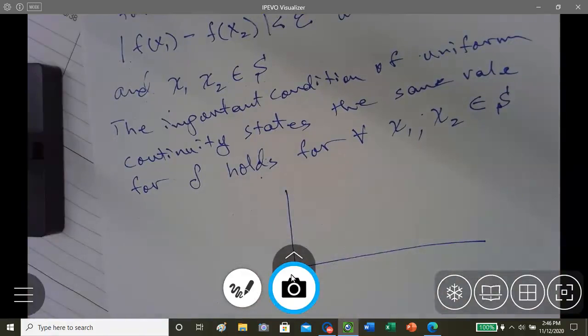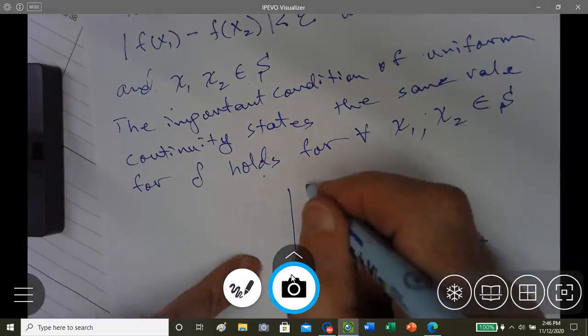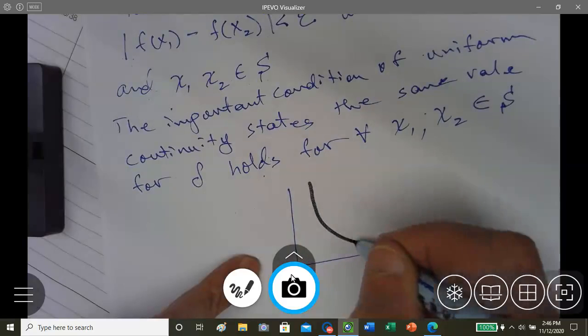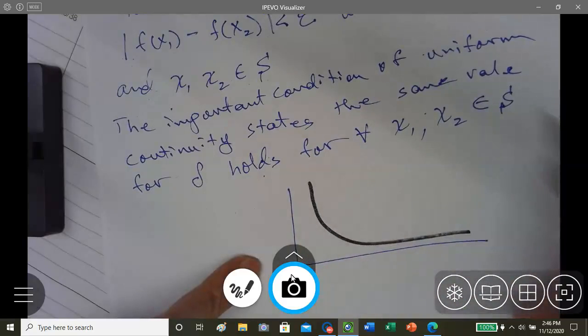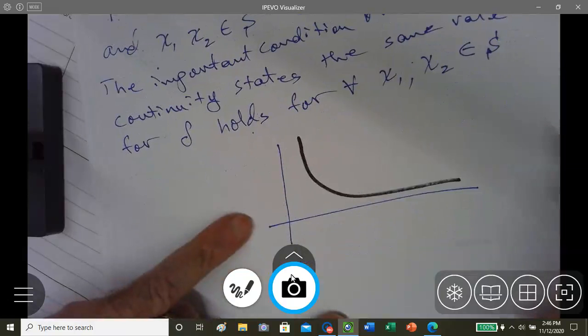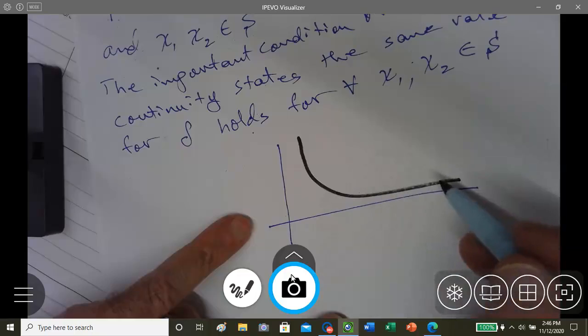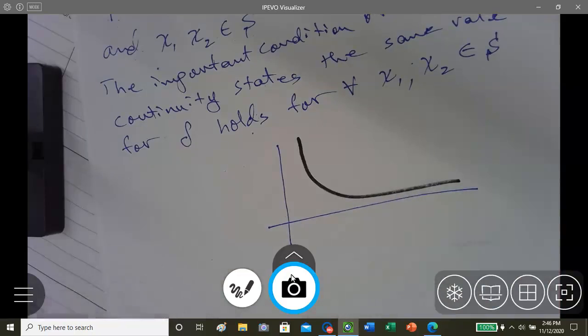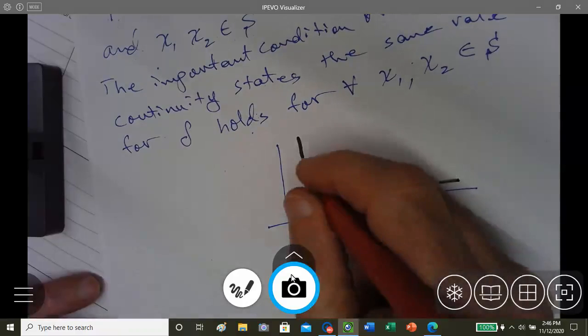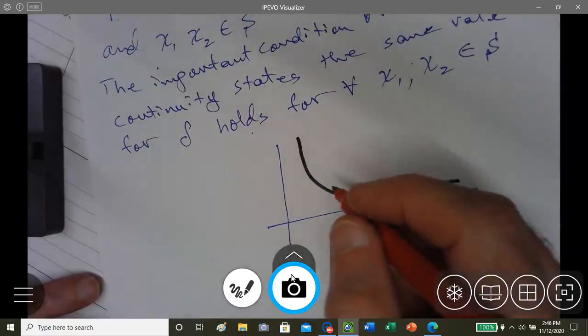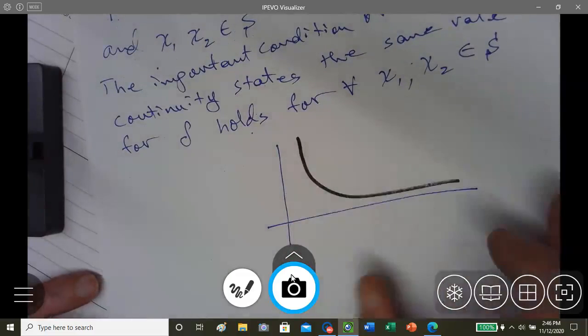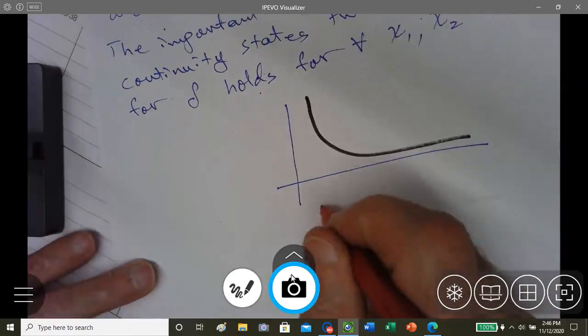All right, so now we start off really steep. No, let's redraw that.